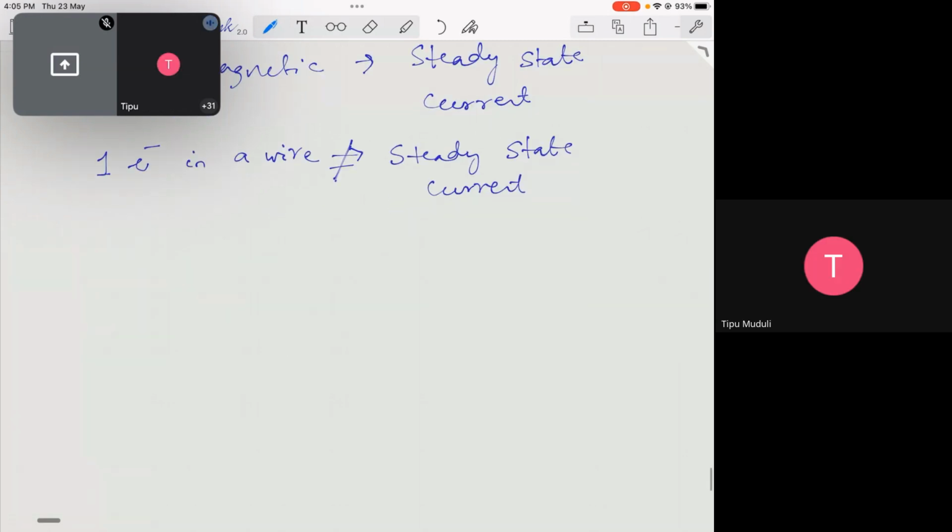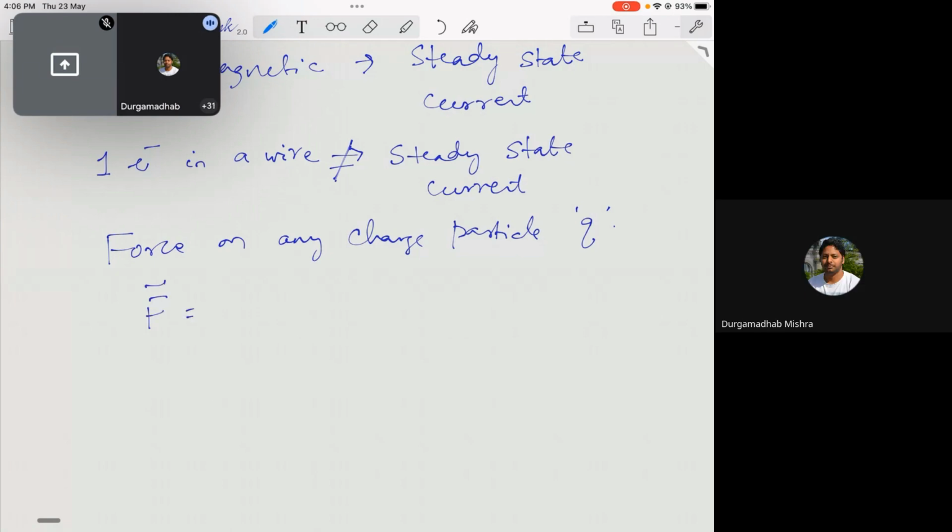So the force on any charged particle, let's say the charged particle has a charge Q. The combined or resultant force due to an electric field and a magnetic field will be QE plus QV cross B. So this is known as your Lorentz force.